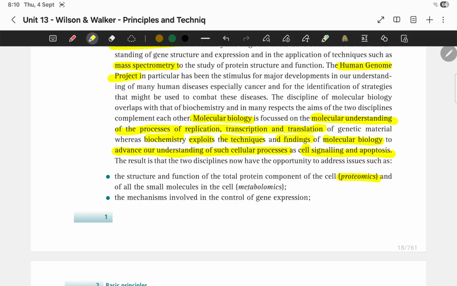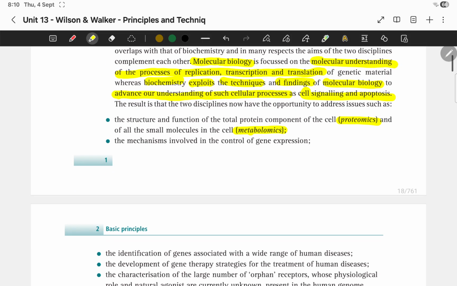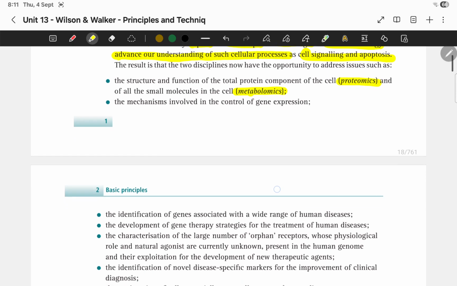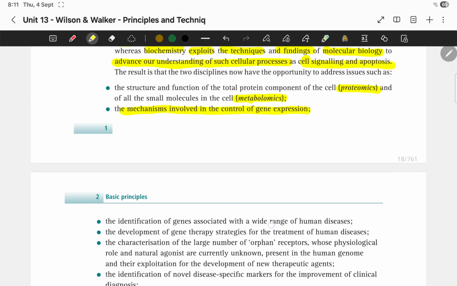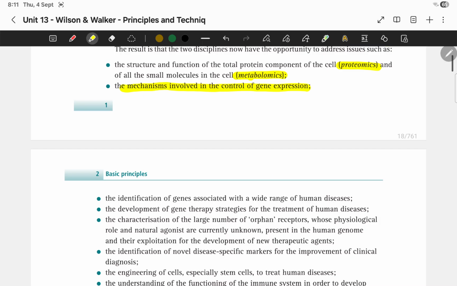And for all the small molecules of the cell, metabolomics. For proteins, we'll go for proteomics. Then, the mechanisms involved in the control of gene expression.